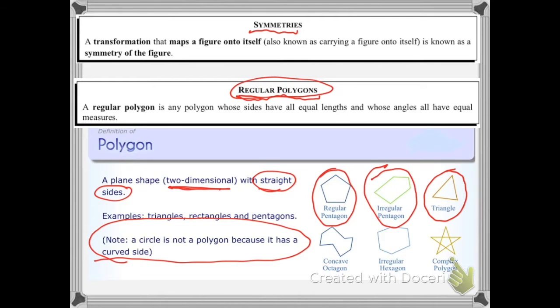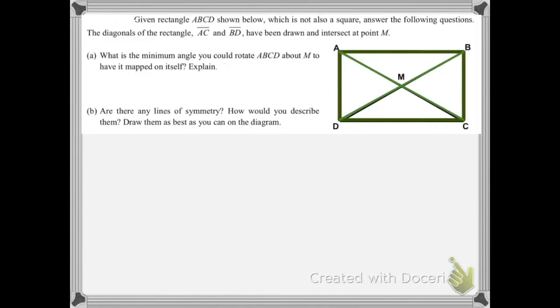Okay, so looking at symmetries, it's going to be a transformation that maps a figure onto itself. So this has to be a rigid motion, okay? It has to be a rigid motion. And if we have a rigid motion, you know that the two shapes are going to be congruent. Let's look at an example.